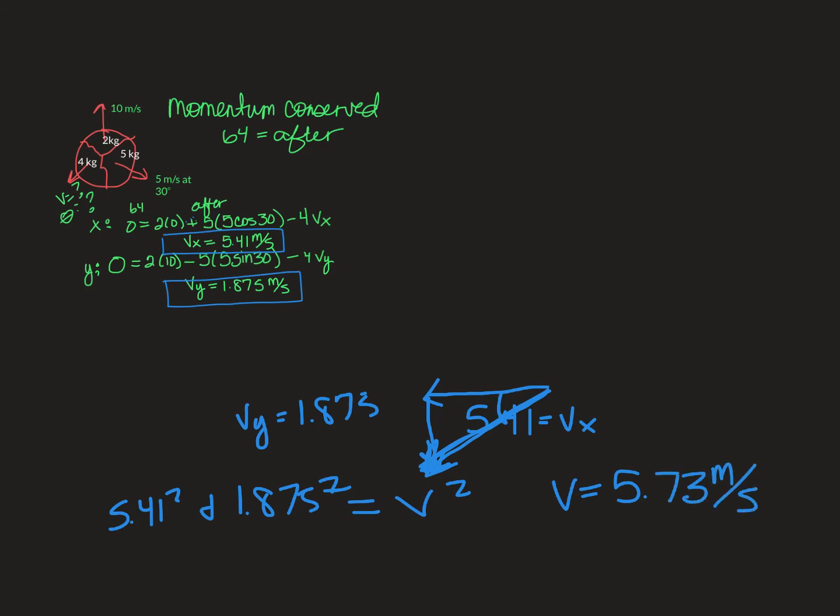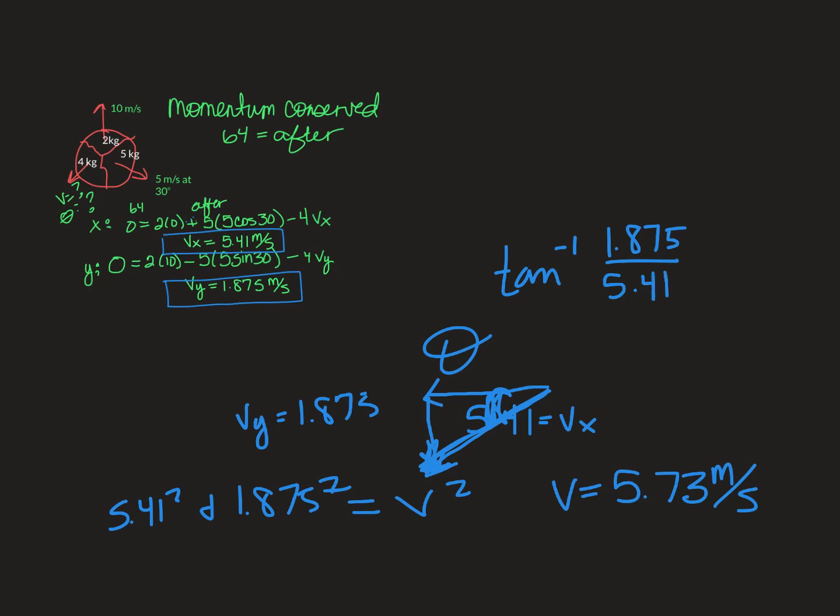And then we need the angle. So inverse tangent of our y over x. Our y was 1.875. Our x was 5.41.